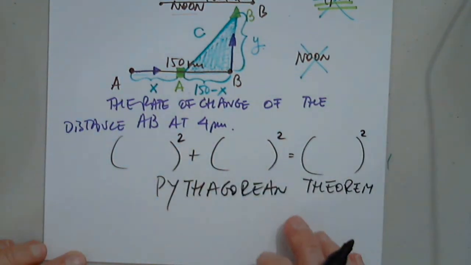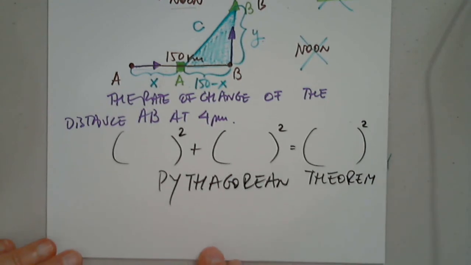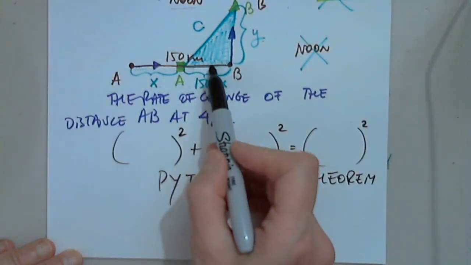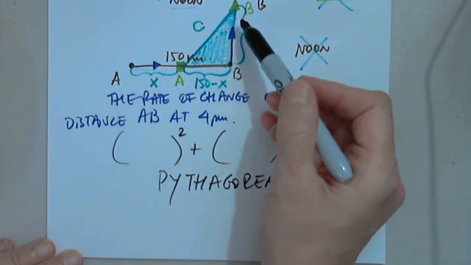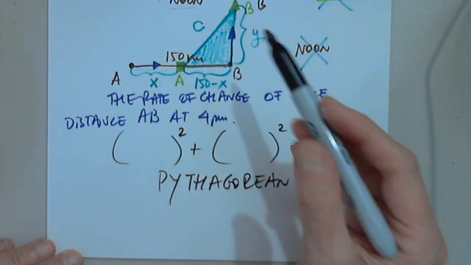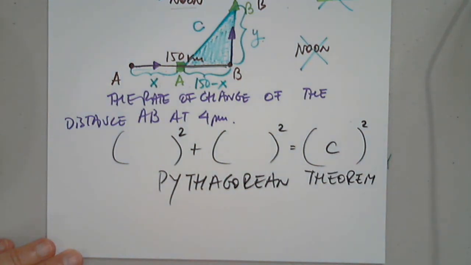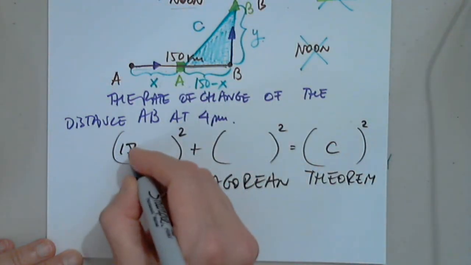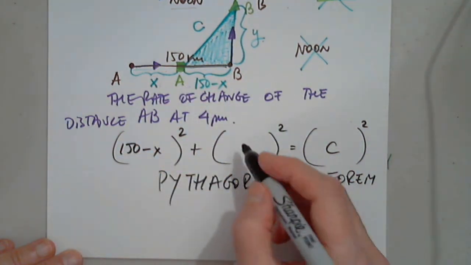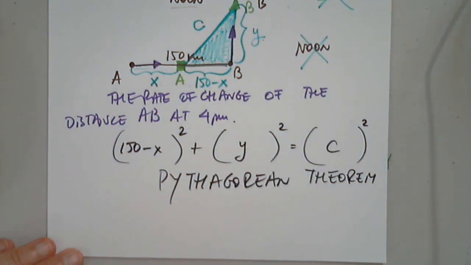I understand that this is how we learned it, a squared plus b squared, but be careful: the leg squared plus the other leg squared equals the longest side squared, which is the hypotenuse. Good. So this is (150 minus x) squared, and this is y squared. Excellent.